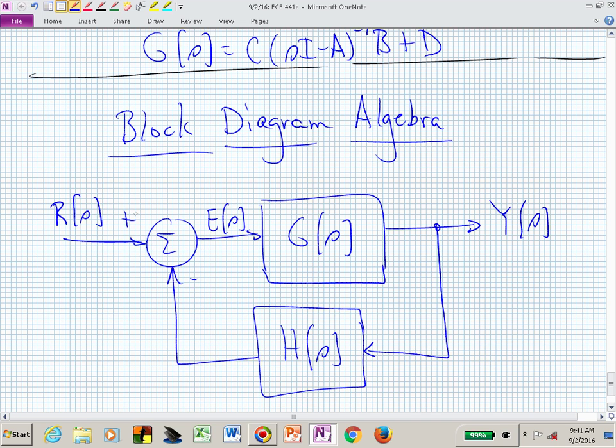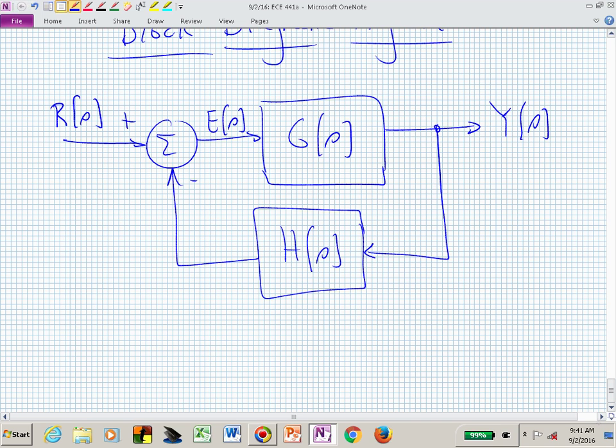And this is a classical block diagram. It's a feedback interconnected system where we have maybe our system G and feedback or a controller or compensator H. And we want to know what's the closed loop transfer function between R and Y in terms of G and H.